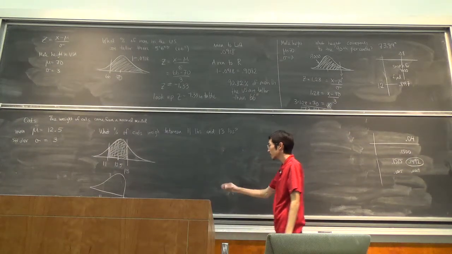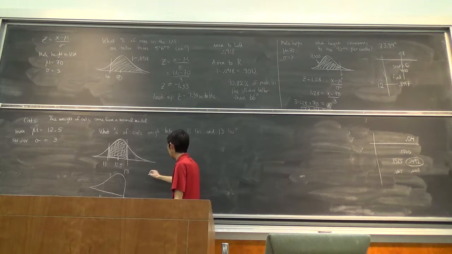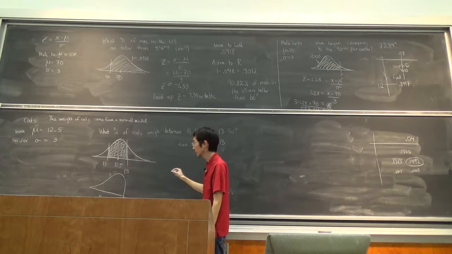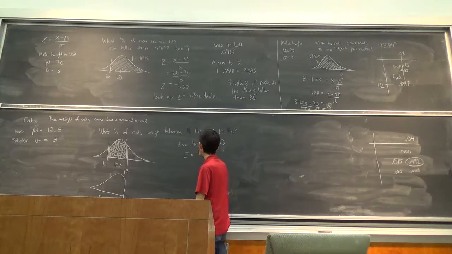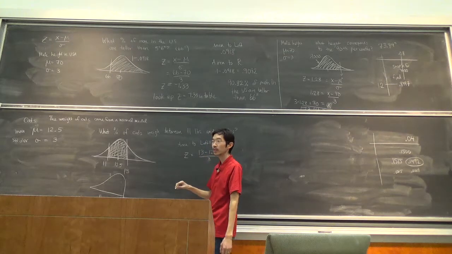Okay, so there's a few steps. So how do I get the area to the left of 13? We're going to find the area to the left of 13. What do I do? First thing, find the z-score. Z is going to be 13 minus 12.5 divided by 3.